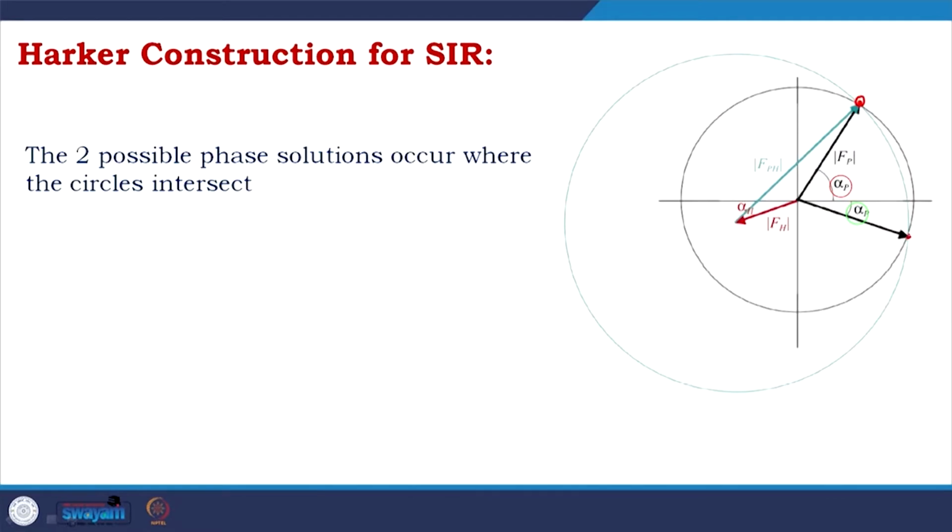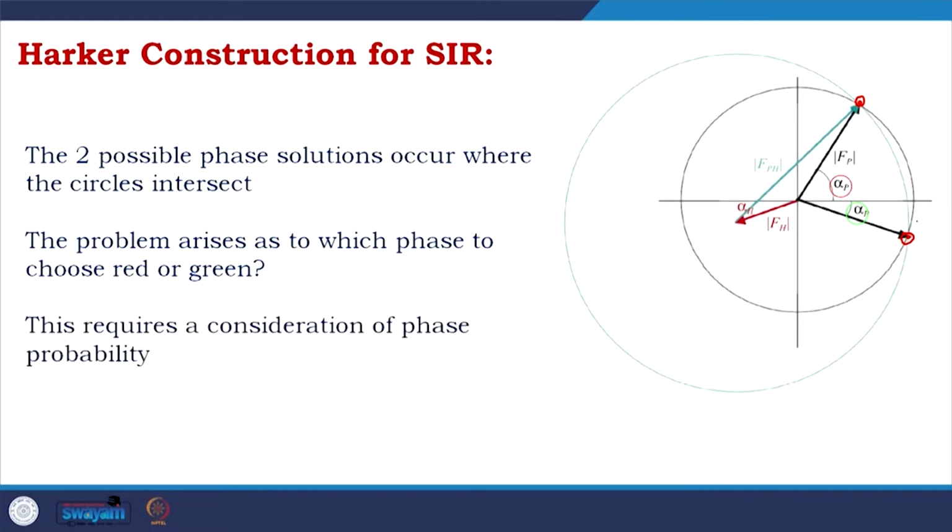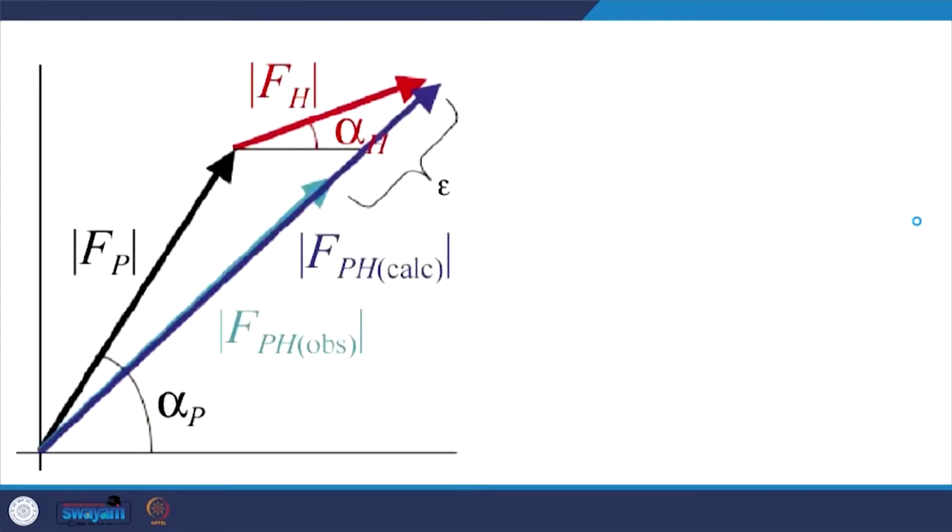Here the circle intersects, and here the circle intersects. The problem arises as to which phase to choose, the red one or the green one, because you could see that there are two different angles. This requires a consideration of phase probability, and this is called the phase ambiguity problem in crystallography.